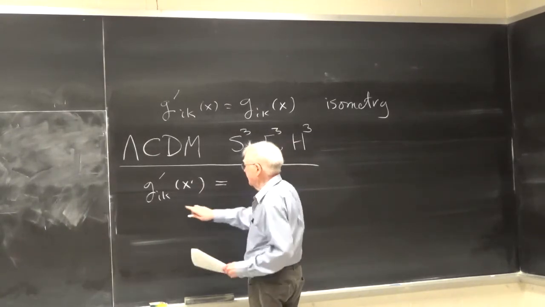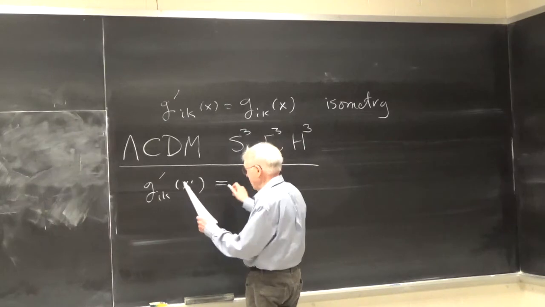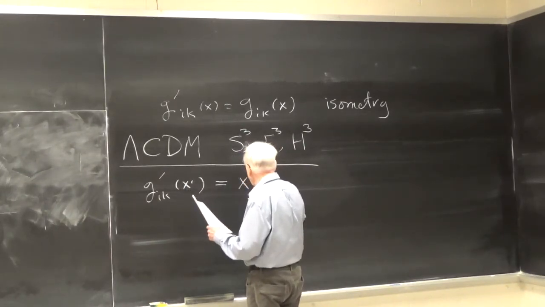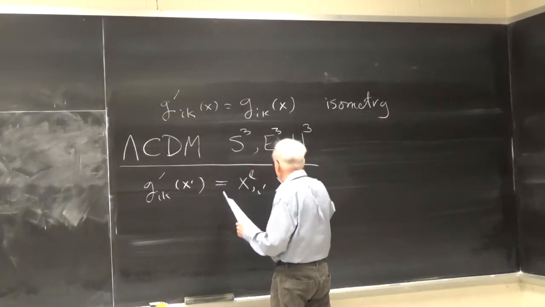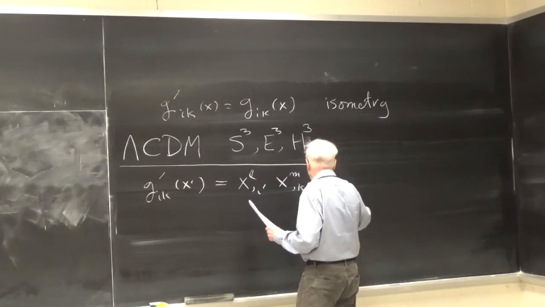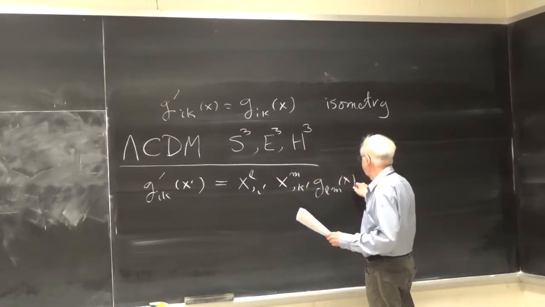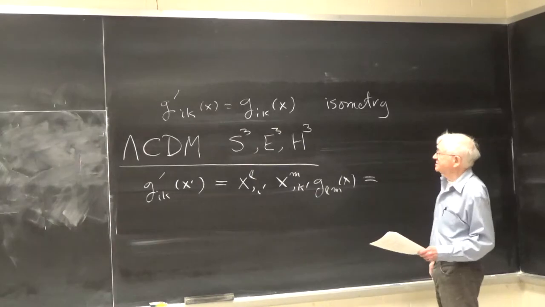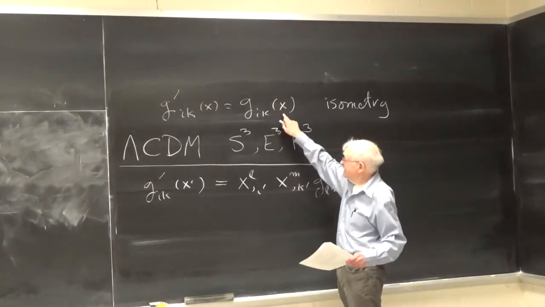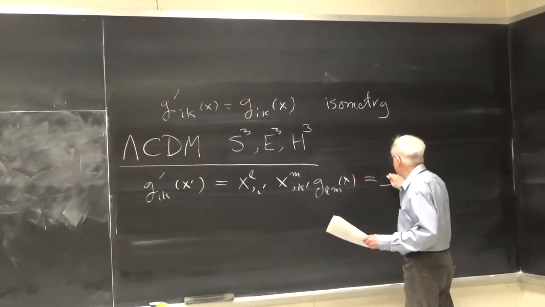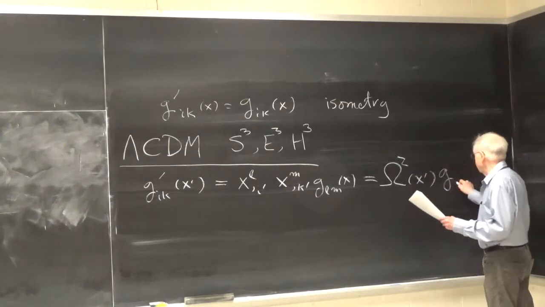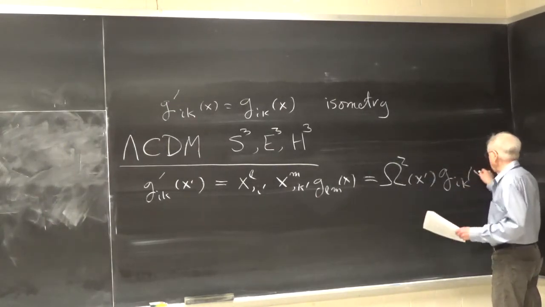So this is g prime of x prime, which is just in general x^l_{,i'} x^m_{,k'} g_lm of x, and whereas in an isometry this would actually be g_ik of x prime, here we allow it to be omega squared of x prime g_ik of x prime.